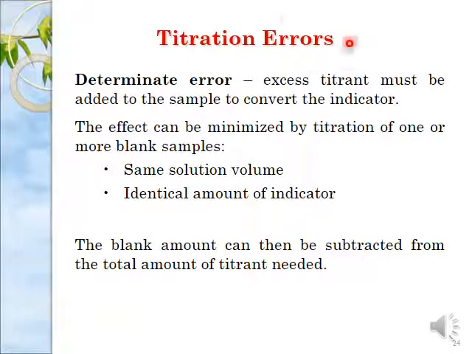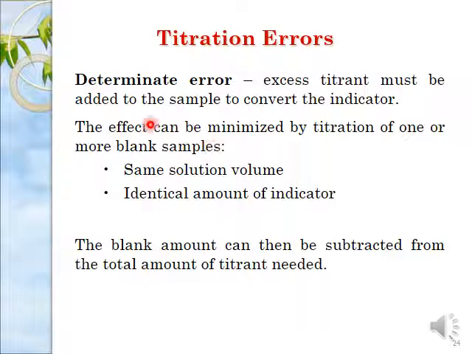Titration error, or to be more specific, determinate error, is where the titrant is added in excess, more than the theoretical volume. How to minimize determinate error is by adding a blank sample.